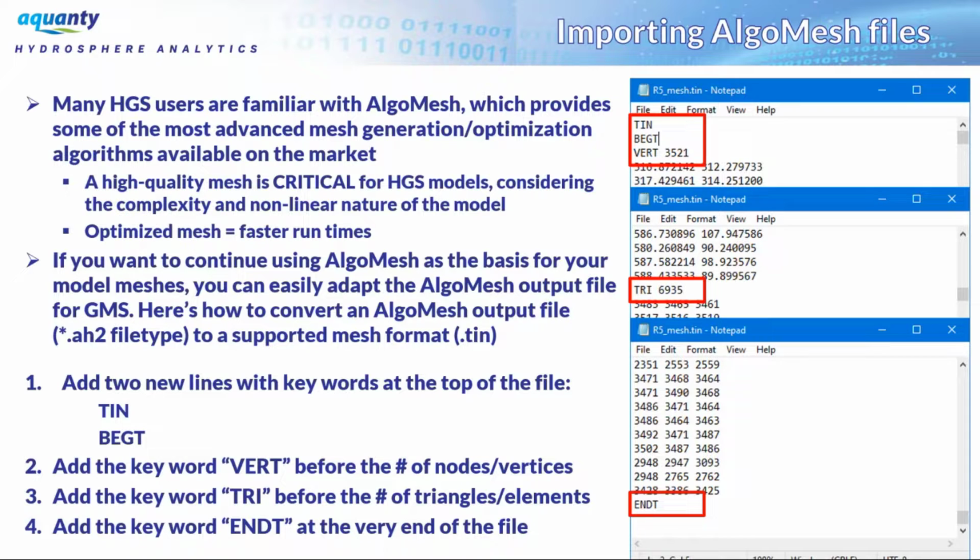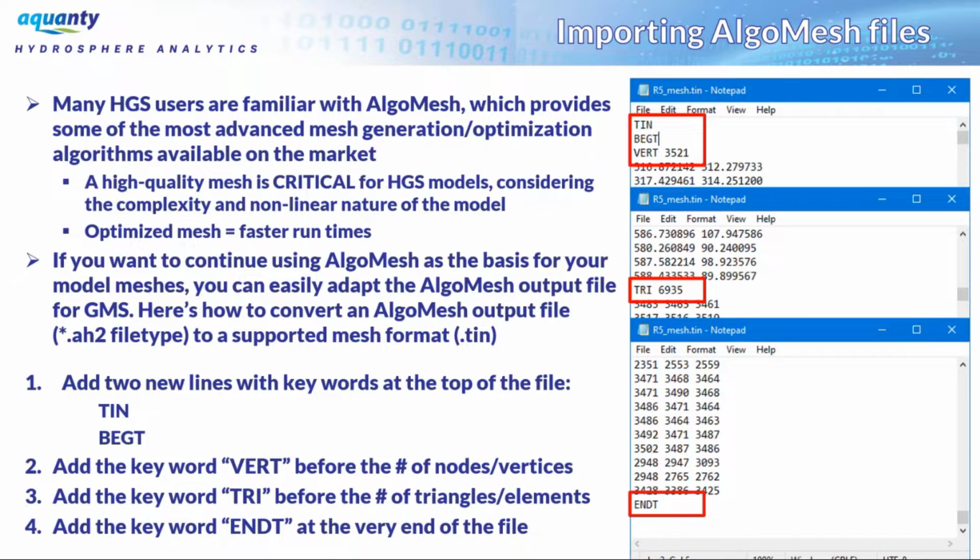And a high quality mesh is really, really important for HydroGeoSphere models. HGS models are much more complex than ModFlow models, and we're running a variety of different non-linear governing equations. So HGS models are really complex. They tend to take longer to solve, and that's why having an optimized mesh is really, really important. It's going to help you with faster model runtimes.